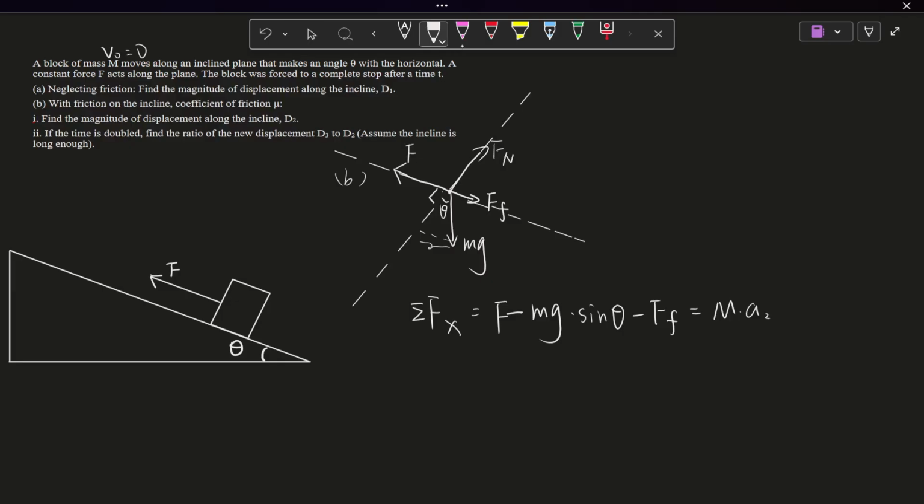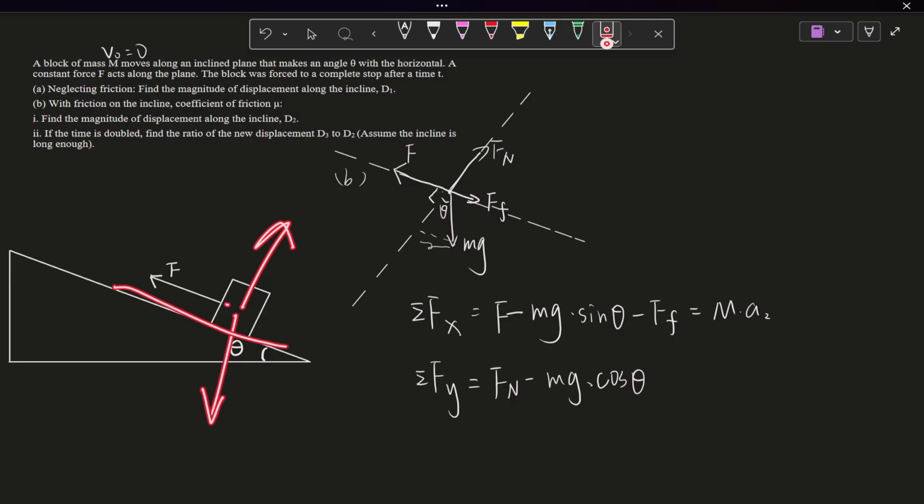So let's write the net force equation out for the vertical component as well. Net force Fy is equal to Fn minus, using trigonometry, mg times cosine theta. Is the block moving vertically upward or downward relative to the slope?